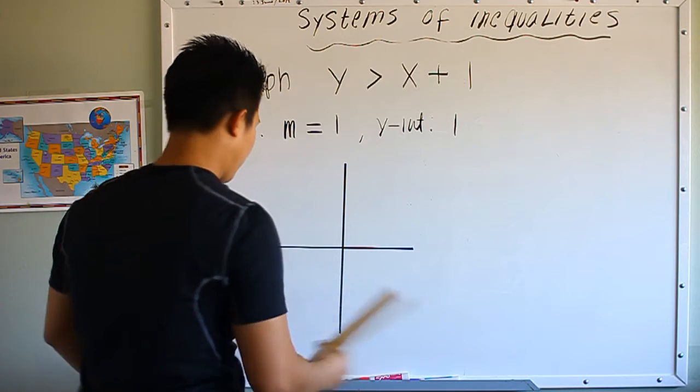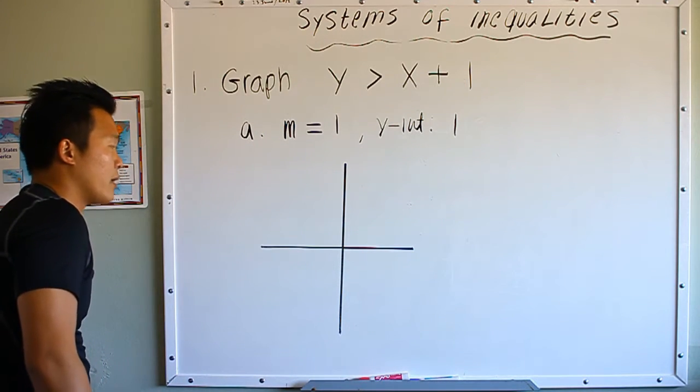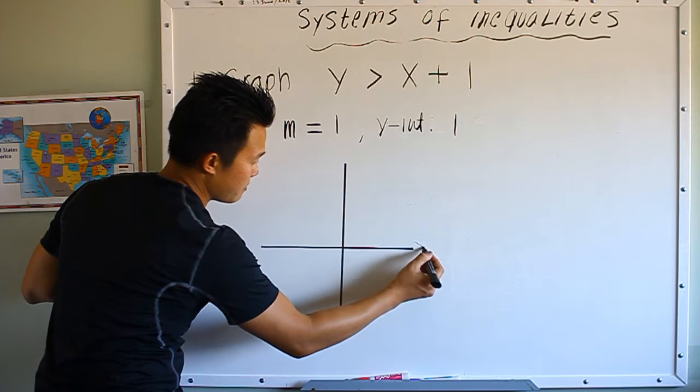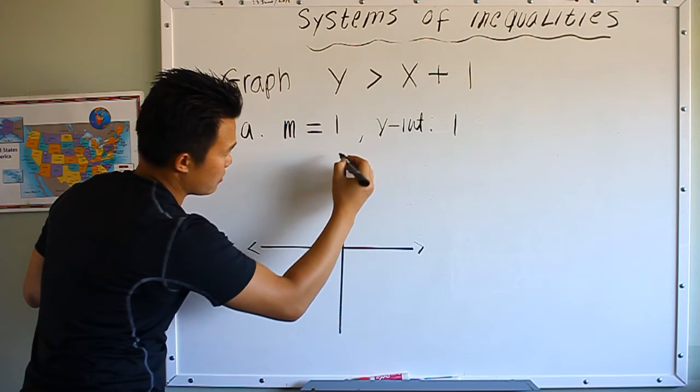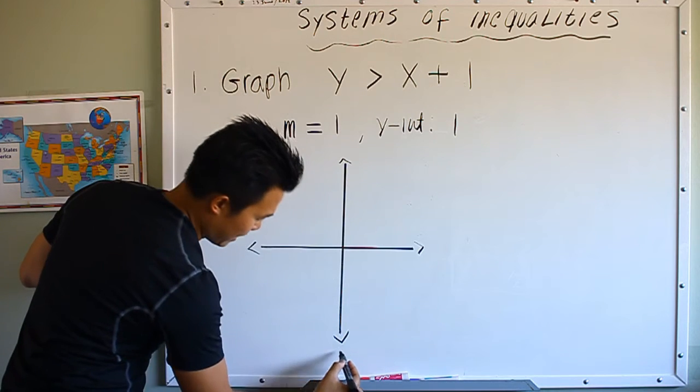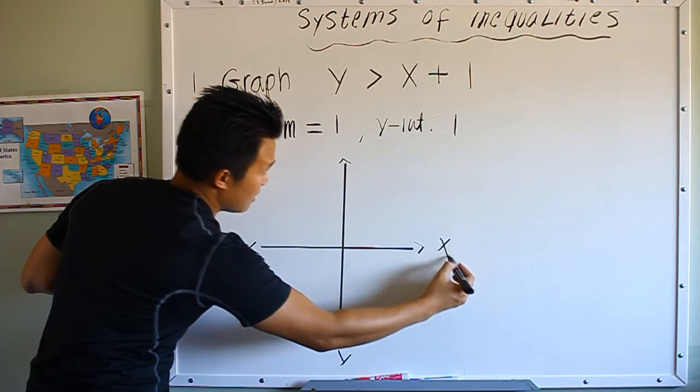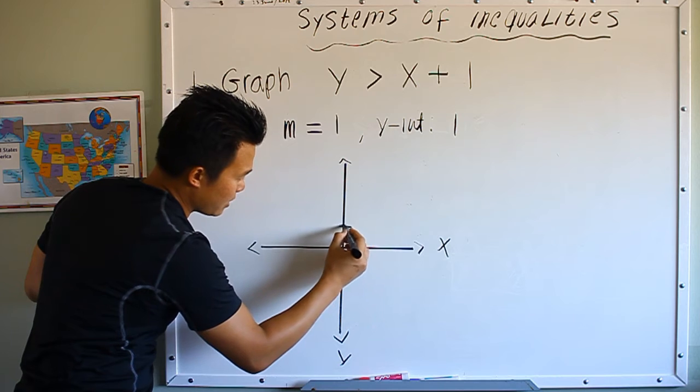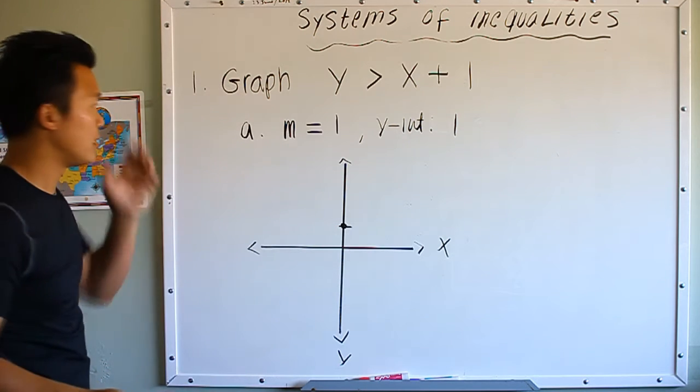Okay, xy plane, and we're going to go ahead and plot the y-intercept. So this is the y-axis, the x-axis. The y-intercept is 1, so you plot 1.